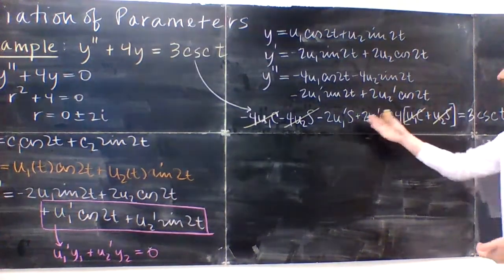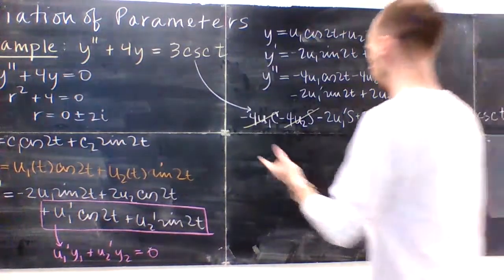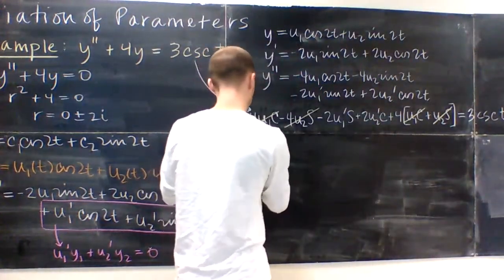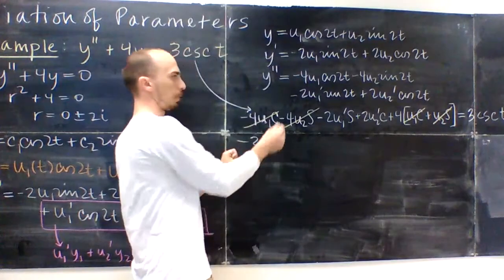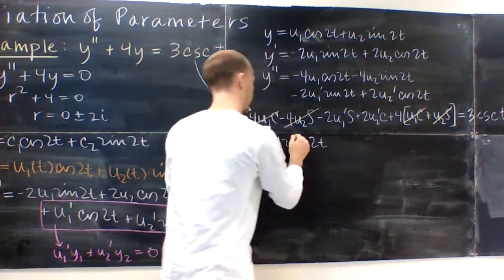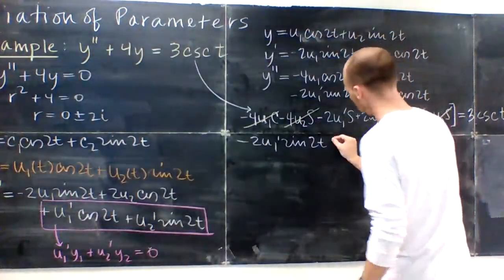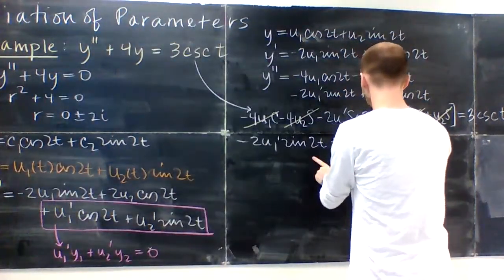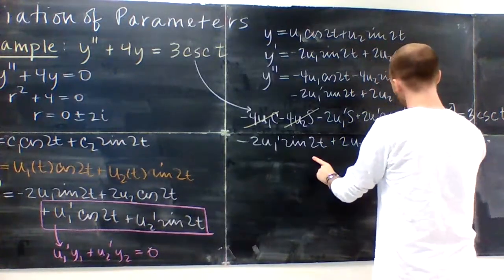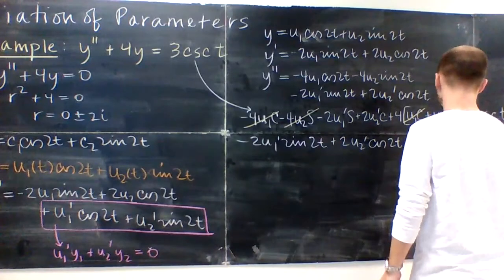And so I'm just left with these things. Negative 2u1 prime sine of 2t plus 2u2 prime cosine of 2t is equal to 3 cosecant t.